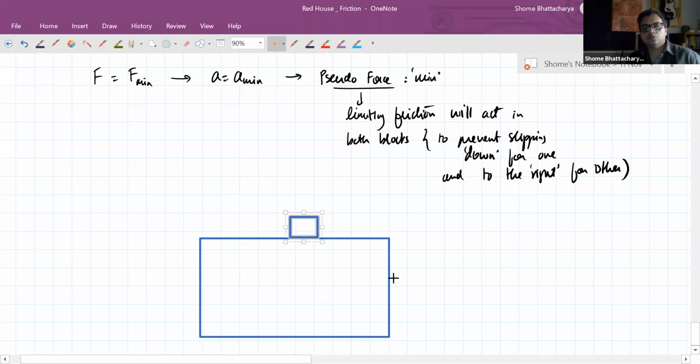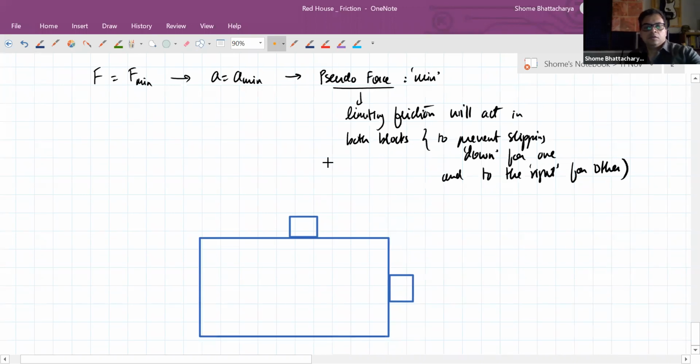So now instead of putting so much time into making separate FBDs, you can just do everything in one common diagram. You don't want to change the shape of the pulley, that would not be correct.